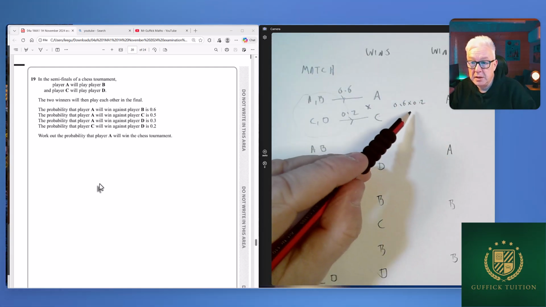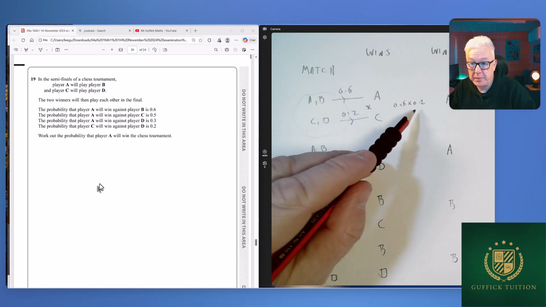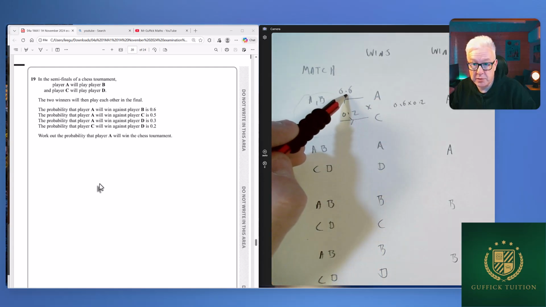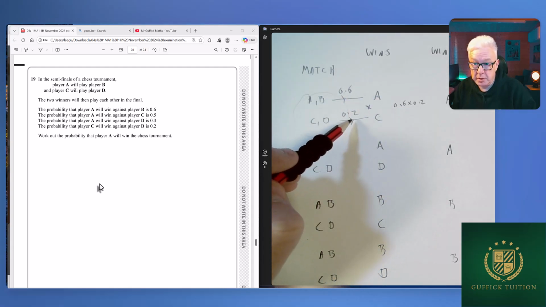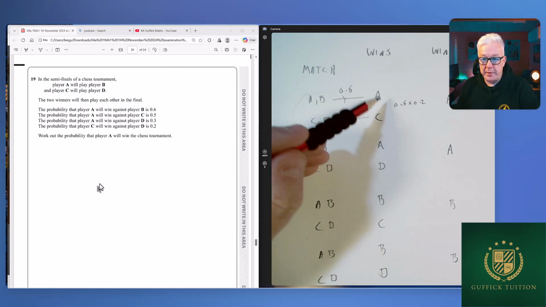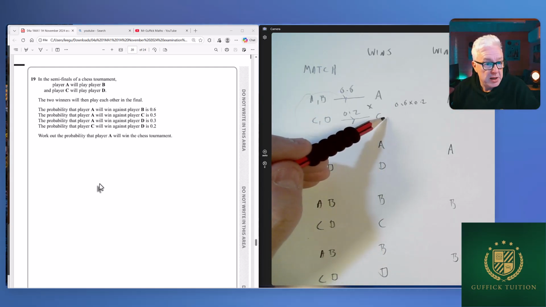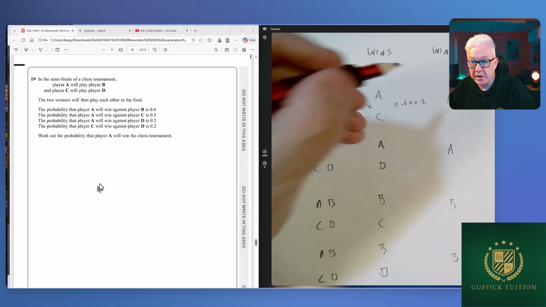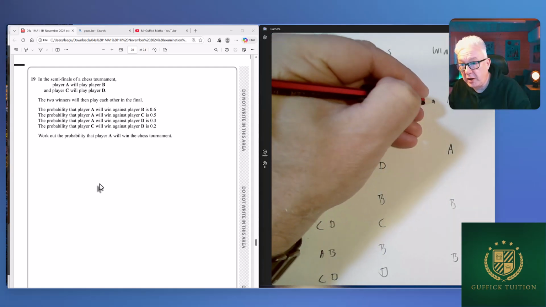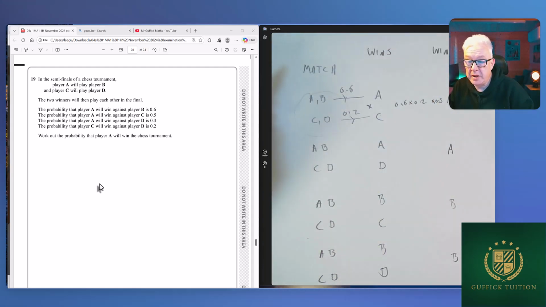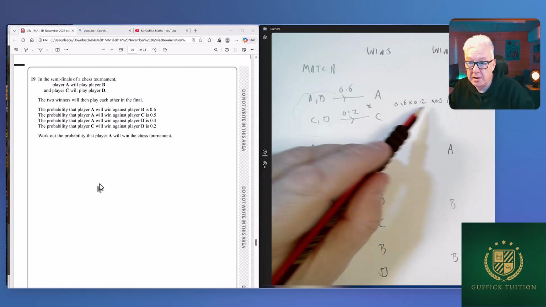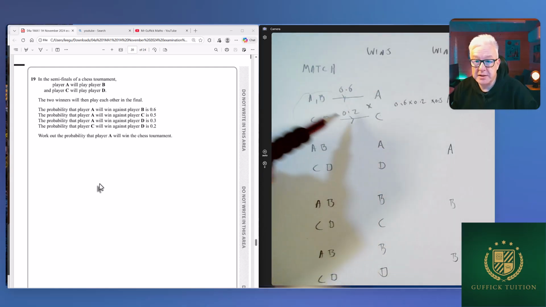That's the probability of A and C playing each other in the final, because A has to win this one and C has to win this one. Now, the probability that A wins against C is 0.5, so we've got to times that by 0.5, and that's going to be the probability that A wins in this chain, because we have three things that need to happen.